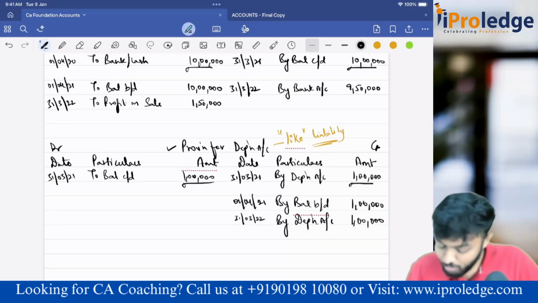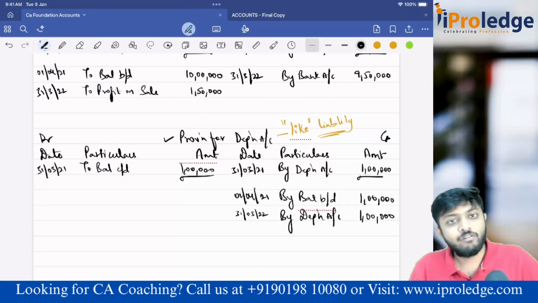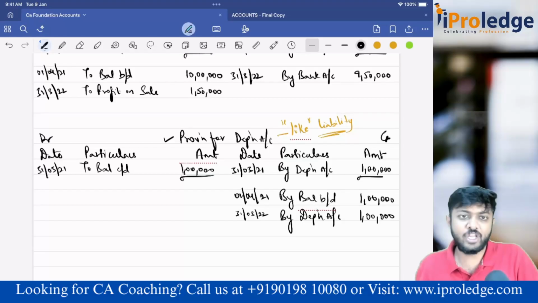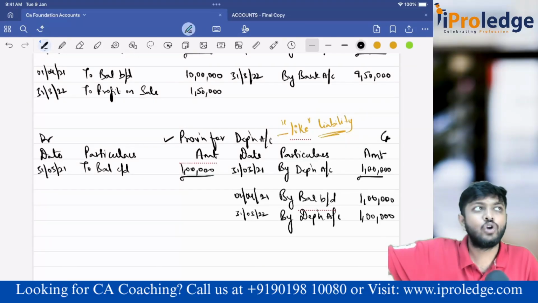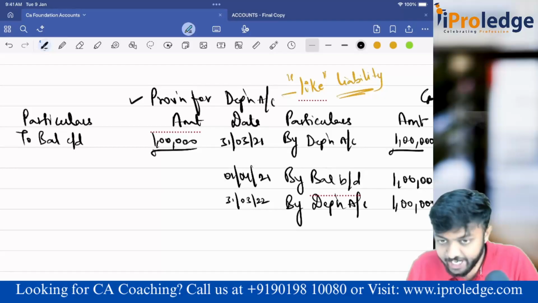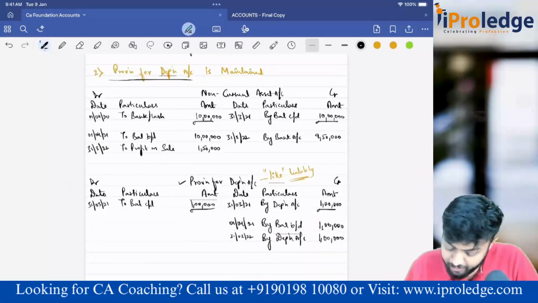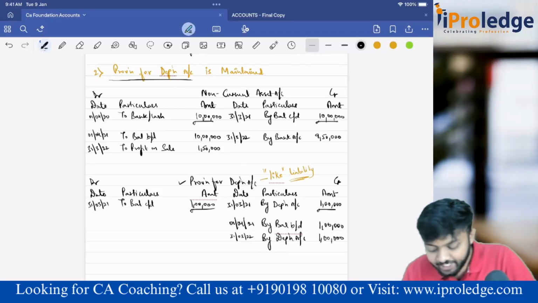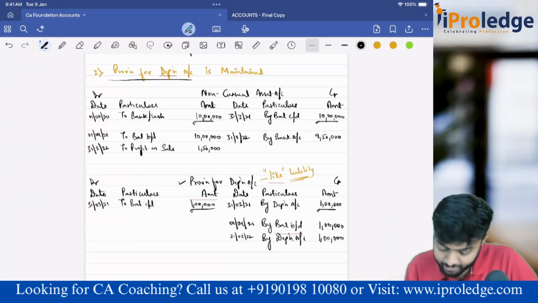Since the depreciation component is lying in the provision for depreciation account, I will transfer it to the non-current asset account. How much depreciation have I given till date? 1 lakh in the first year, 1 lakh in the second year, 2 lakh depreciation till date. This is lying in the provision for depreciation account with a credit balance. To transfer it to another account, I debit the provision for depreciation account and credit the non-current asset account.